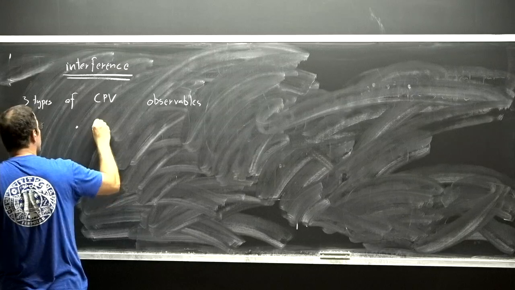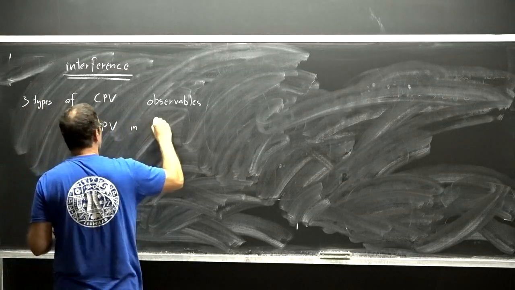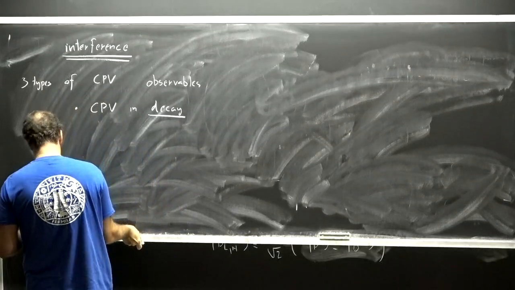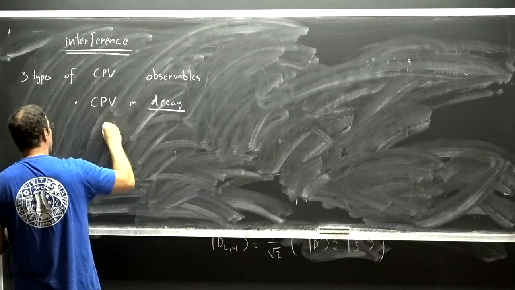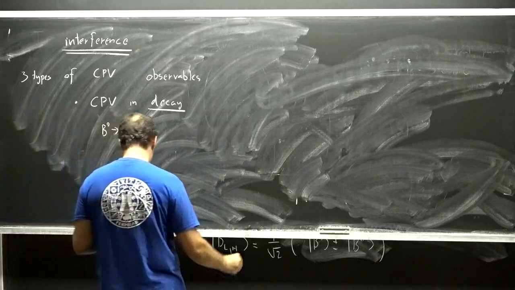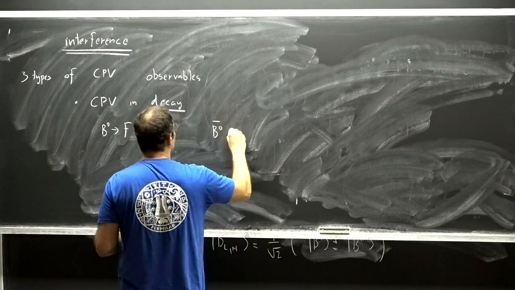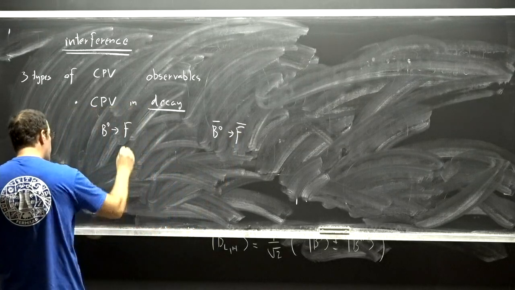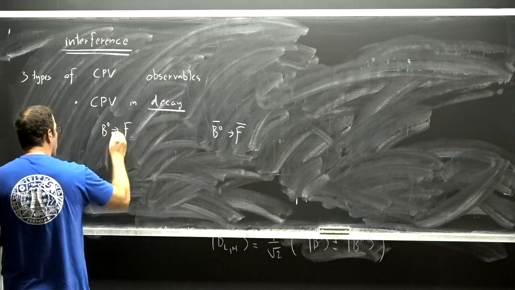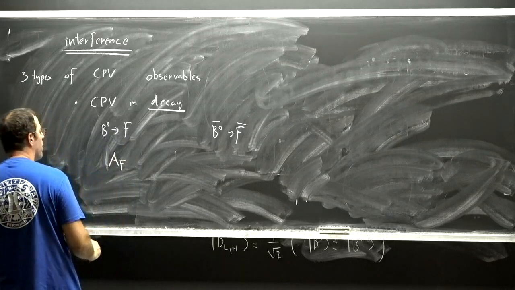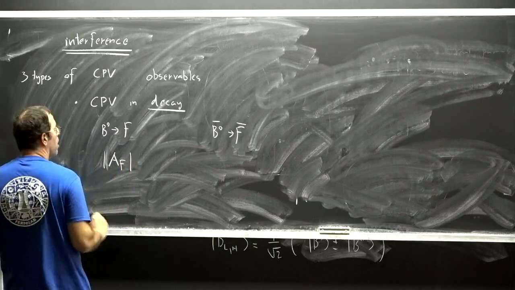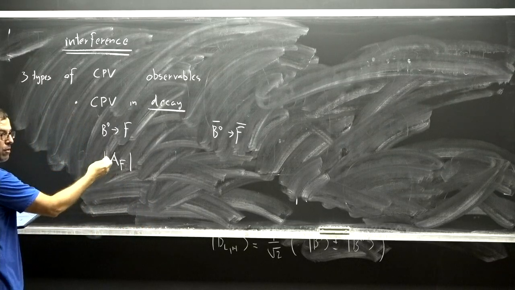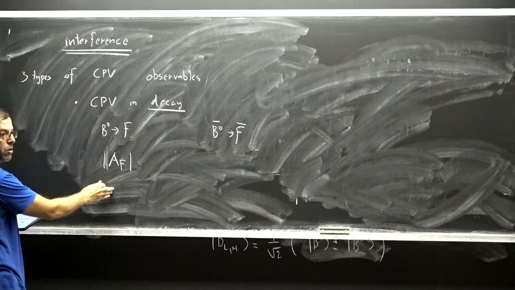The first one is called CP violation in decay. All right, so if I take a B0 decays to some final state F and a B0 bar decays to some final state, let's call it F bar. Let me call the amplitude for this first transition AF. AF squared will give me the rate. The rate for this decay is proportional to the amplitude squared.